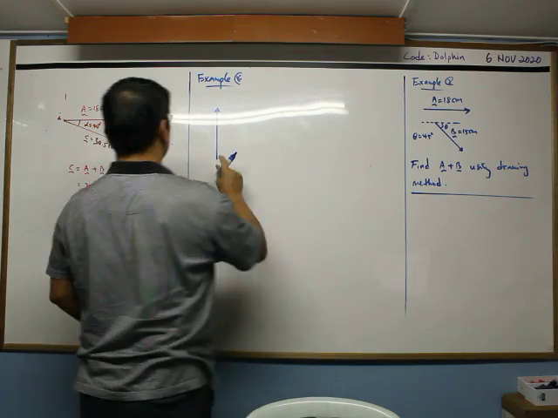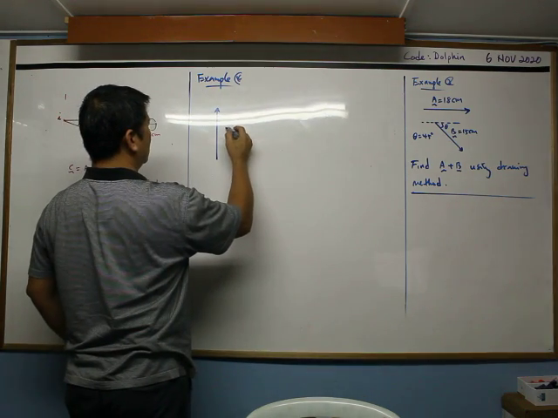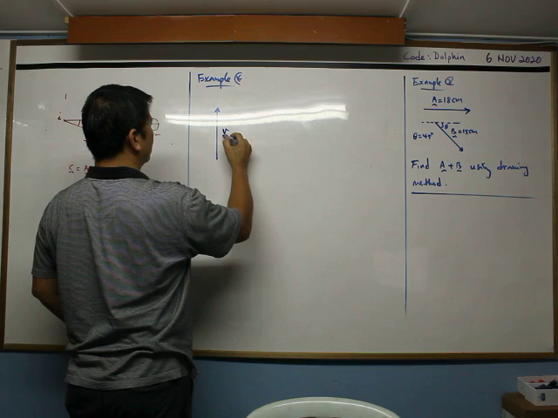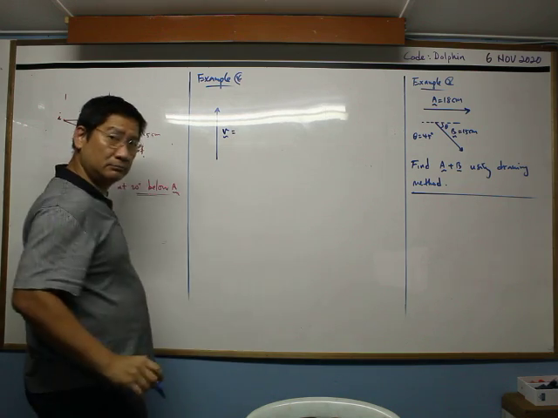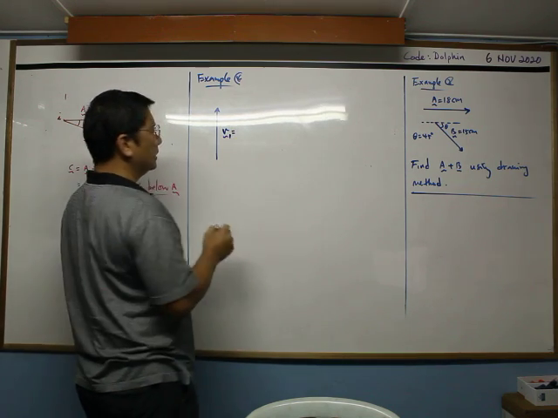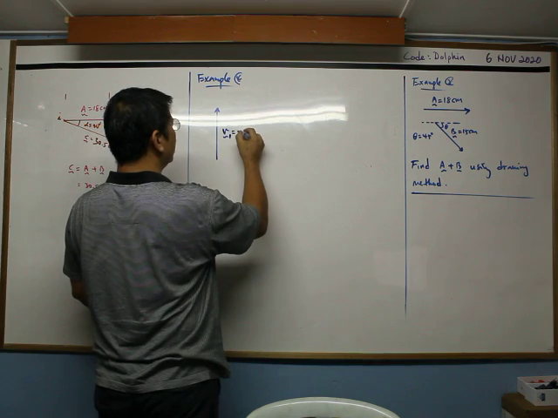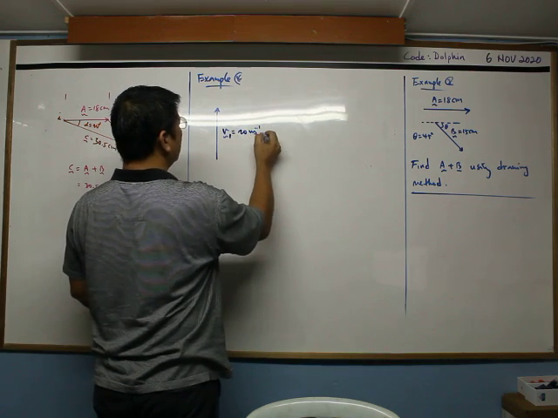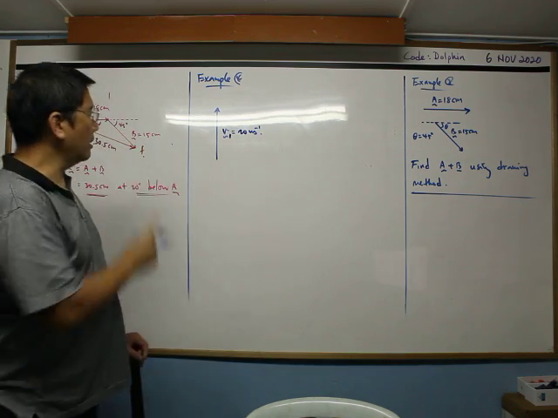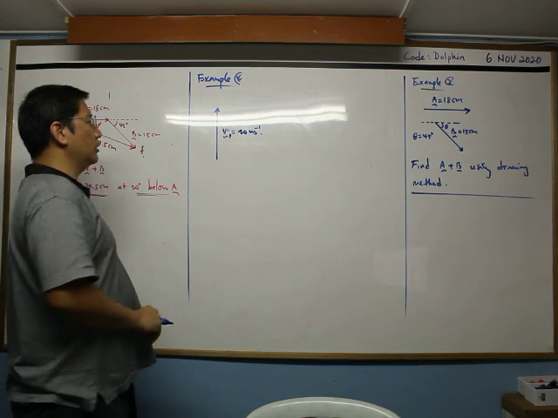Okay, 20. So I'll call this vector velocity. Okay, velocity number 1, initial velocity, and then this one is 20 meter per second. Okay, now it points to the north.